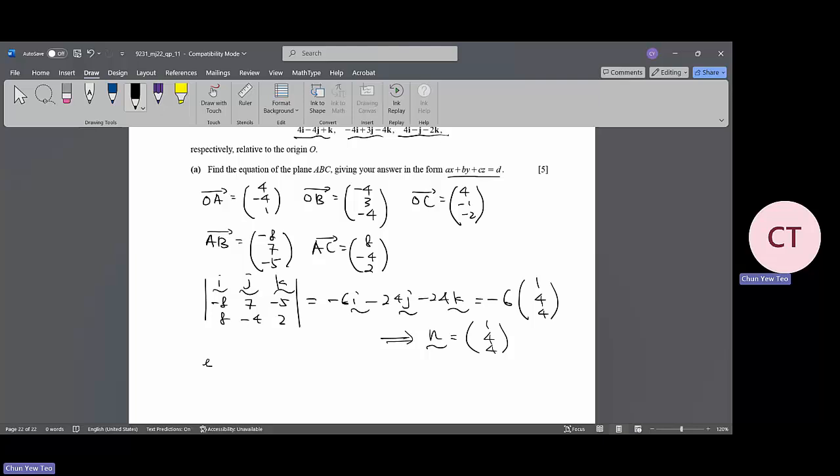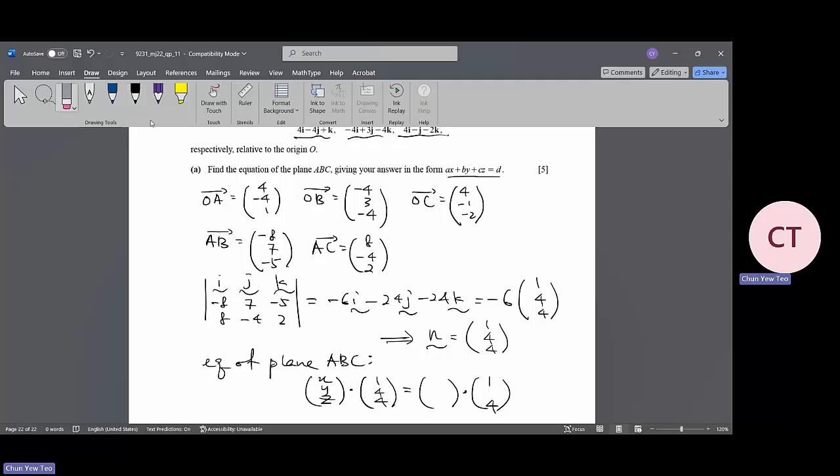So your equation of plane ABC is given as the dot product over here. We have this as a random point x, y, z. This is the normal vector.